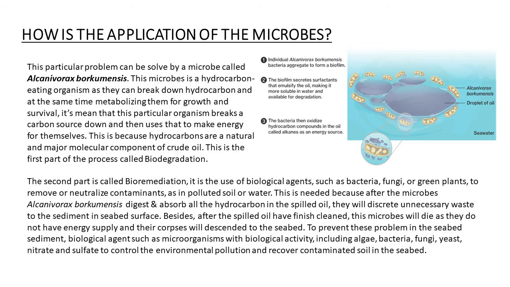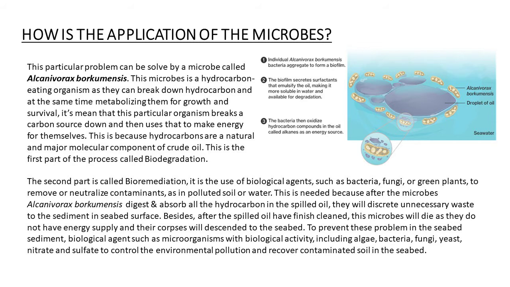bioremediation. Alright, so for the biodegradation process, when the oil spills, the Alcanivorax species will aggregate to form a biofilm in the droplets of the oil, and the biofilm of the Alcanivorax will emulsify the oil and make it more soluble in water, making it easier to degrade.